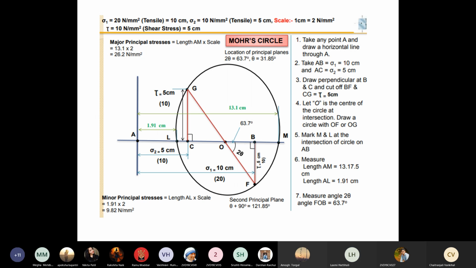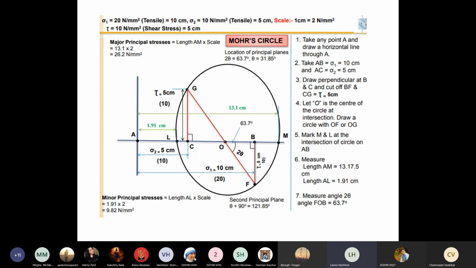Is the given condition understood to you all? Yes, ma'am. Okay, now the same thing I have written at the top once again: sigma x is 20, sigma y is 10, q is 5 centimeters, and scale is 1 centimeter equal to 2 Newton per mm square.